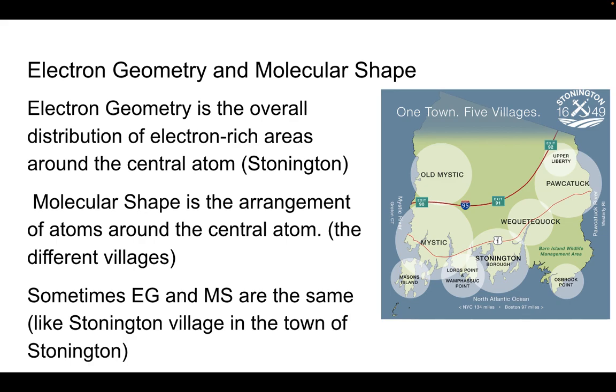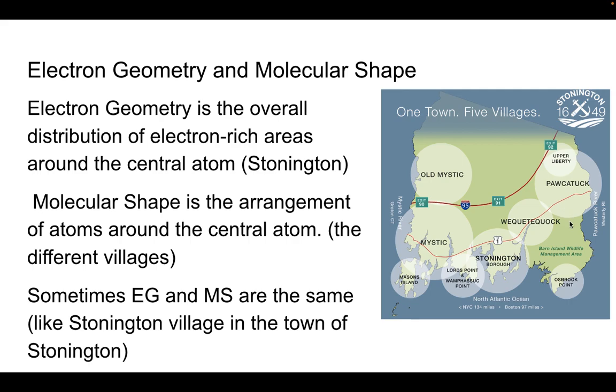Now, you could live in regular Stonington, which is like this area, so your electron geometry is tetrahedral and your molecular shape is tetrahedral as well. Or you can live in the town of Stonington, but like me, live in Pawcatuck.